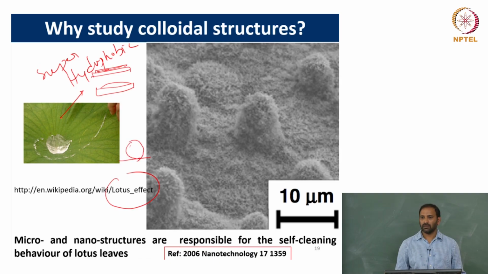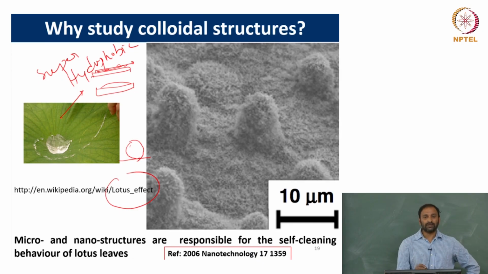Everything depends on the nature of the substrate you're dealing with. So if it makes a perfect sphere, it's an example of a super hydrophobic surface, and if it forms something like this, it's an example of a hydrophilic surface, right?